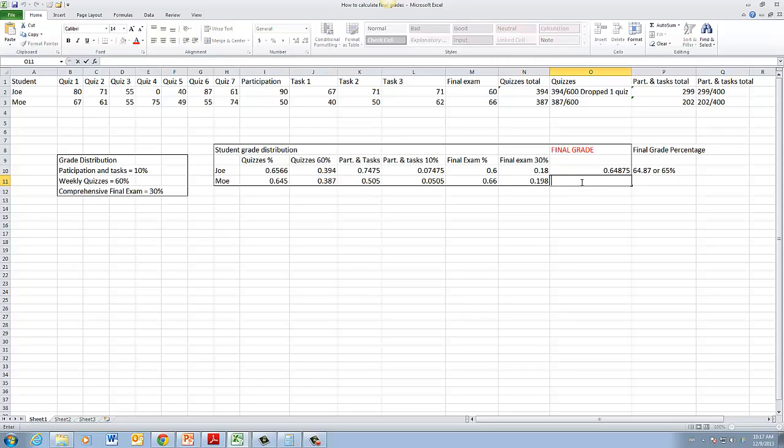And then we're simply going to add the quiz total plus participation in tasks total plus the final exam total. And then he has a 63.55, or let's round it up to a 64% total.